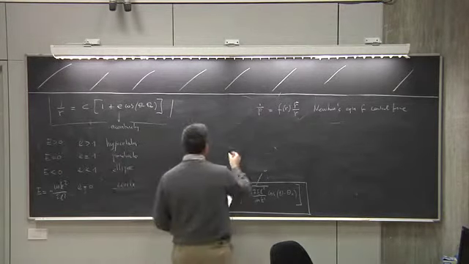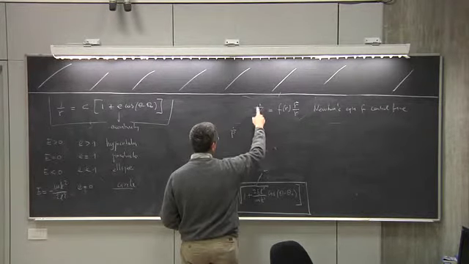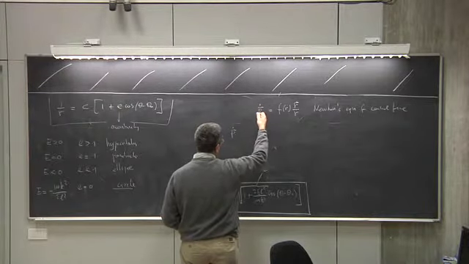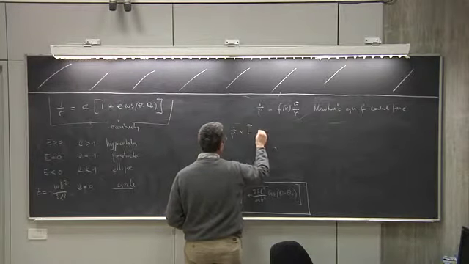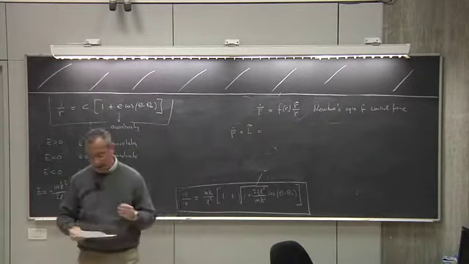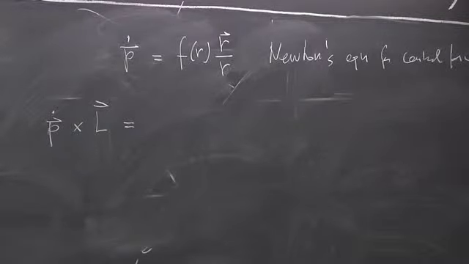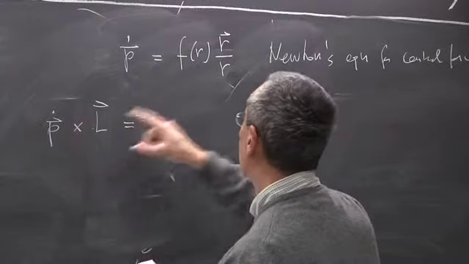So now I take the vector product of my acceleration, or my force, really p dot, times the angular momentum that I call big L. I know that because it's a central force, big L is conserved, right, because of Noether's theorem. So let's do it.